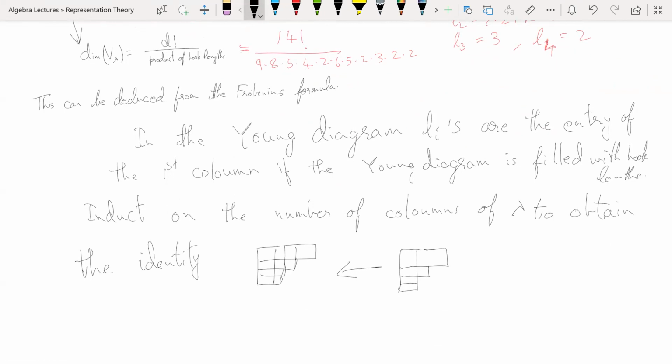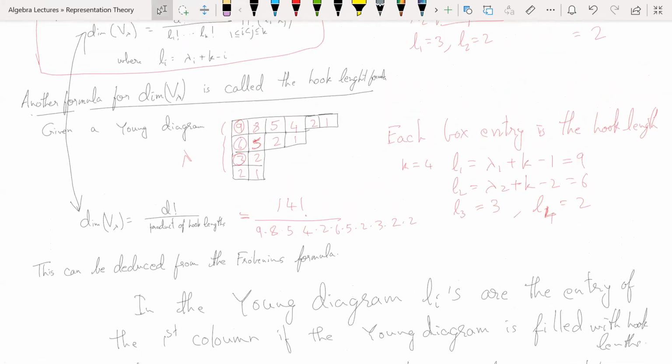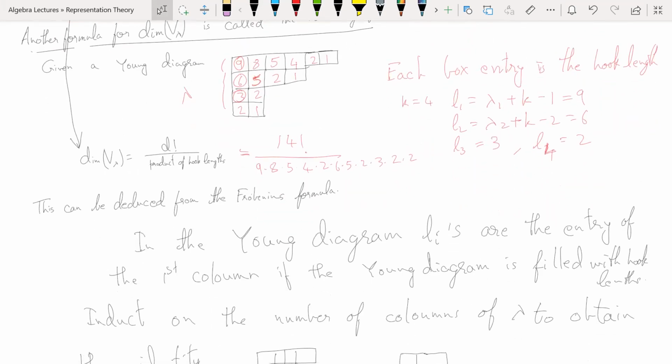And if it has only one column, then of course it will be easy. It's going to be one-dimensional, as we know, and both formulas should give that.